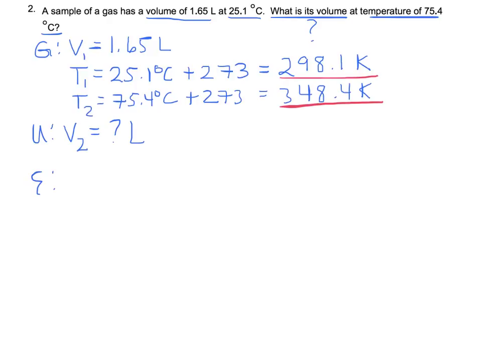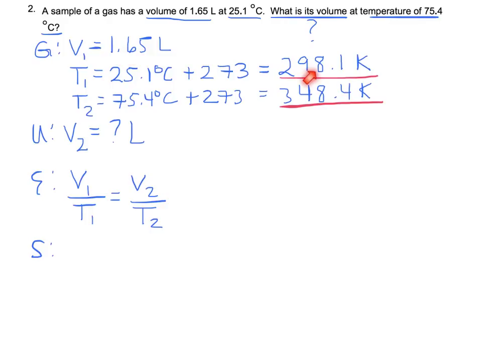So plugging into the equation, this is Charles' law. We're dealing with volume and temperature. And the equation for Charles' law is V1 over T1, or initial volume over initial temperature, is equal to the final volume over the final temperature, or V2 over T2. Then we just need to substitute in. So our initial volume is 1.65 liters.